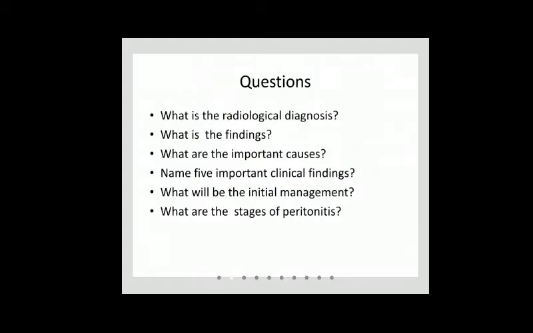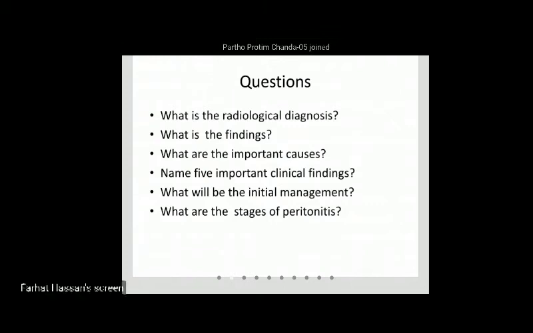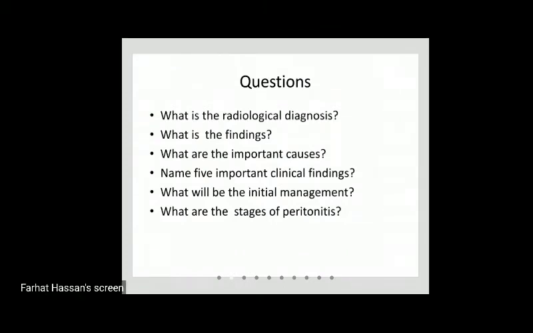You must avoid NSAIDs. So use centrally acting analgesia, like pethidine. Then monitor the vital signs, pulse, BP, respiration, temperature, urine output. In severe cases, in a patient with shock, you may put a catheter. Okay, so these are the initial management.